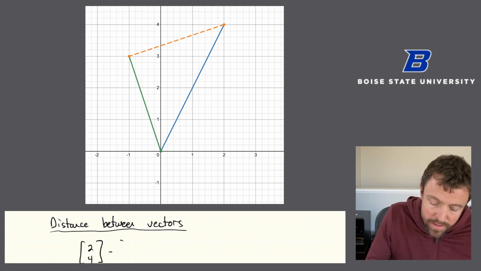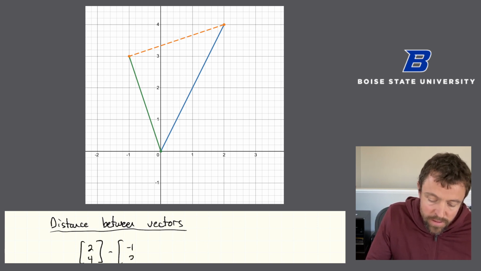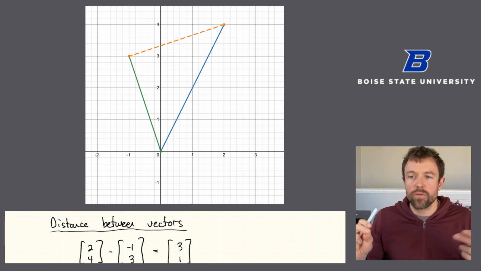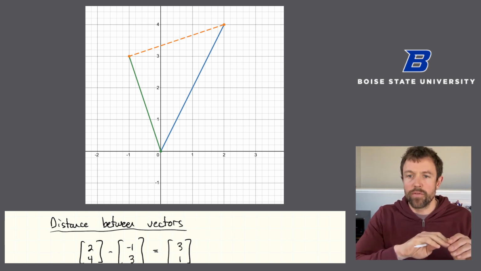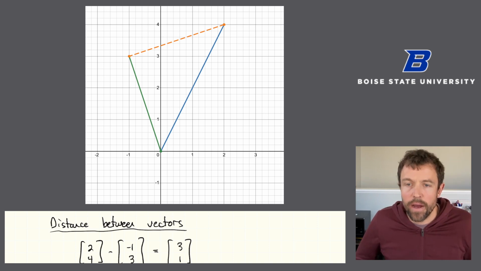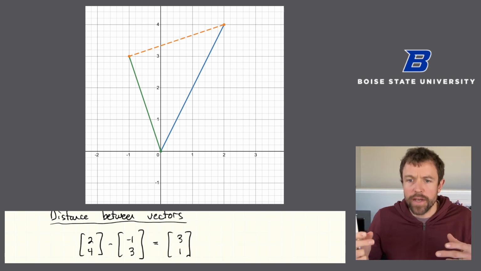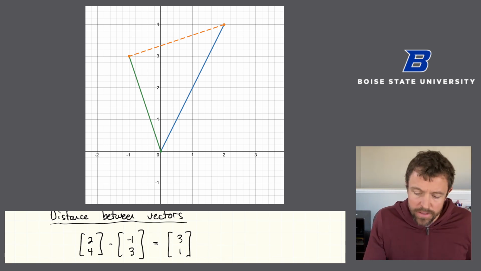If I subtract the two vectors, I get the vector 3, 1, which is what this orange line represents if we think of it as moving up and to the right. So the distance between these vectors should be the length of this, which is the square root of 10.